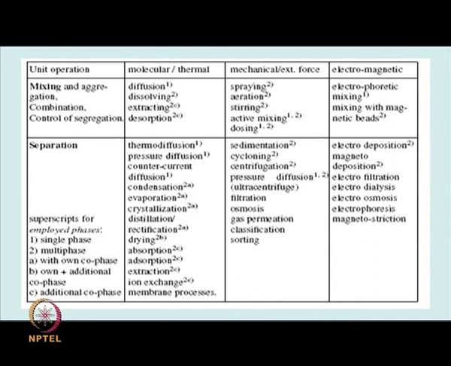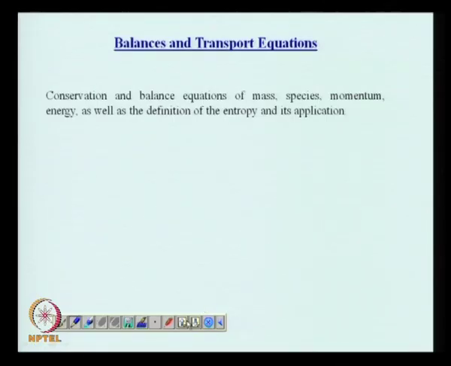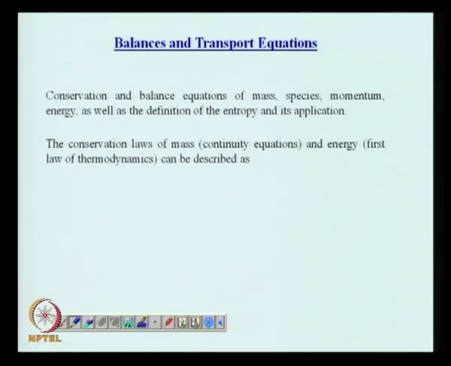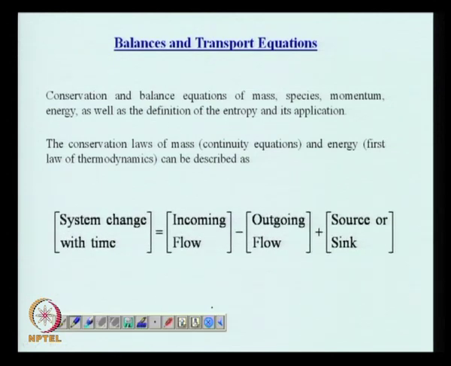So, this table essentially lists the processes, the unit operations, the molecular and thermal reasons, the mechanical forces that are necessary, and other electromagnetic forces. So, you can go through these to learn more about the importance of different forces in such operations. But we are going to concentrate on the balance and the transport equation.